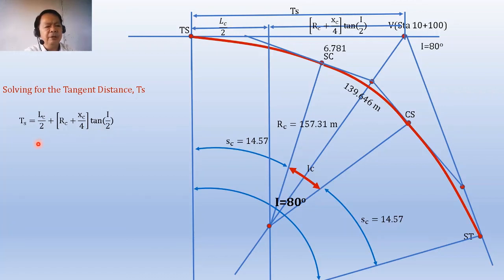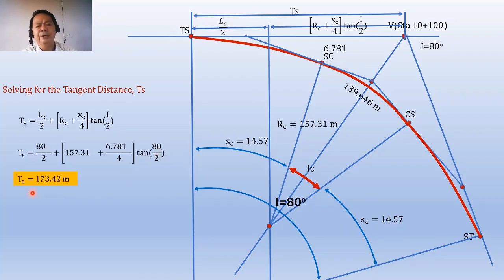And if all the values that we have computed will be substituted here, we shall have LC of 80 over 2 plus 157.31 plus 6.781 over 4 times tangent of 40, because 80 over 2 is 40. And from here, we can solve for the tangent distance to be 173.42 meters.